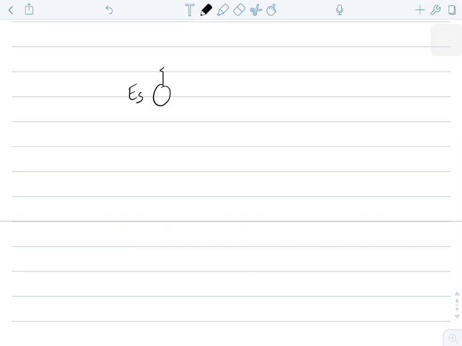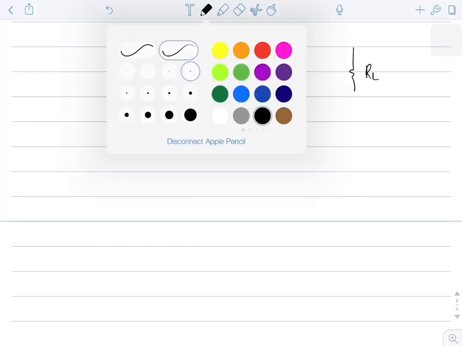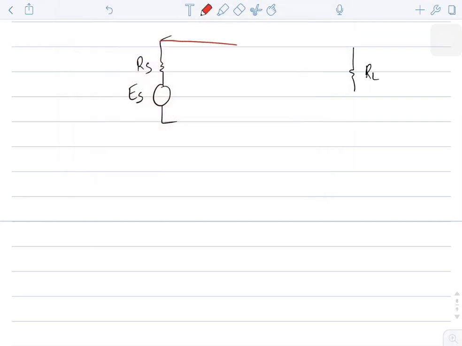If I take a small circuit with a voltage source ES whose internal resistance is RS, and I connect this circuit to a load whose value is RL by using a conductor, there exists a thermal noise in this conductor which is not represented in the circuit. While you do calculations here, you are not going to represent that noise which is generated internally in this conductor.